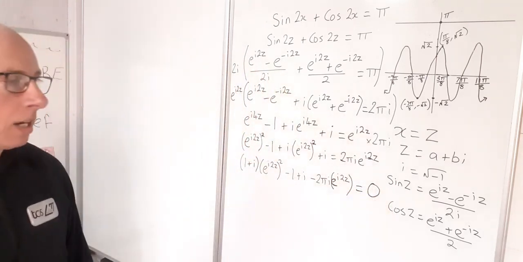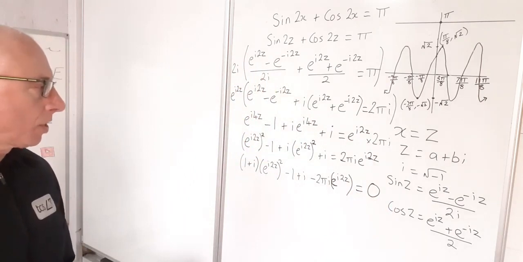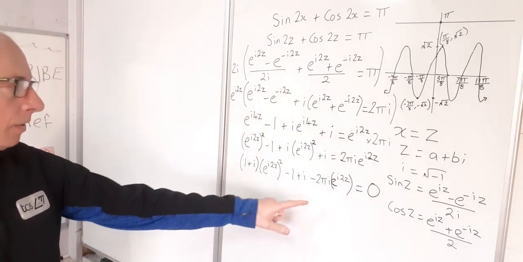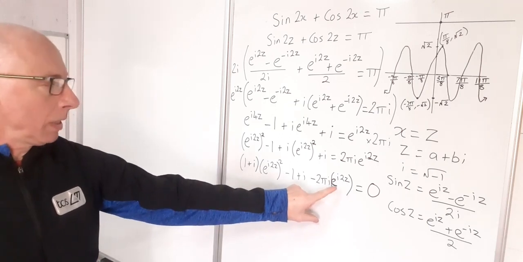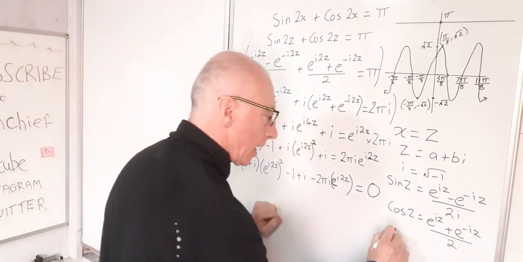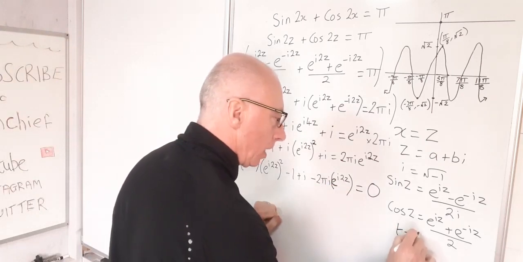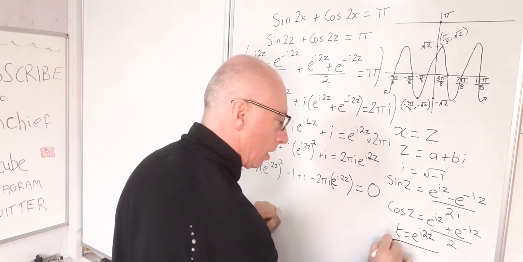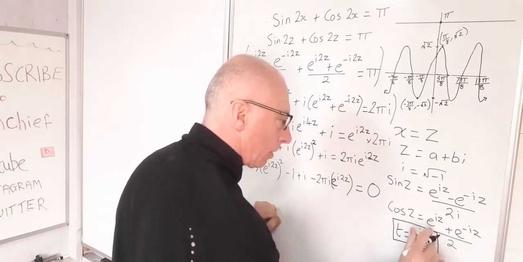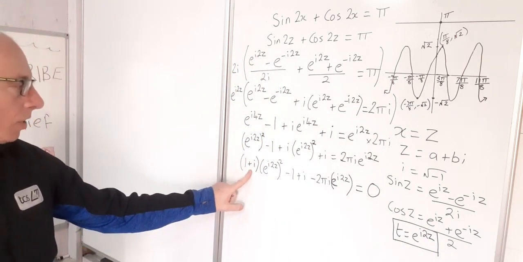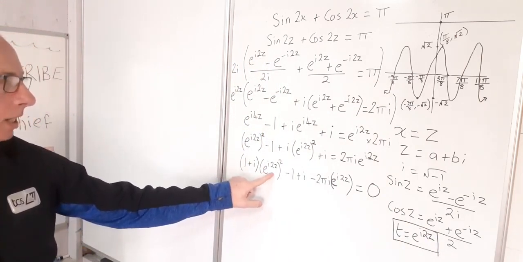Okay, so now what I've got is something that's a little bit like a quadratic. So if I set another variable to be t equals e to the i 2z, let's do that. t equals e to the i 2z. And then we'll write this in quadratic form in terms of t. So I've got 1 plus i times t squared.